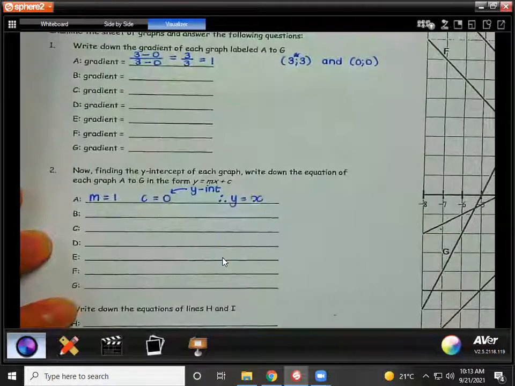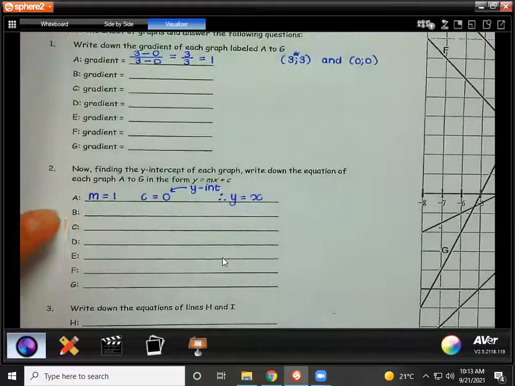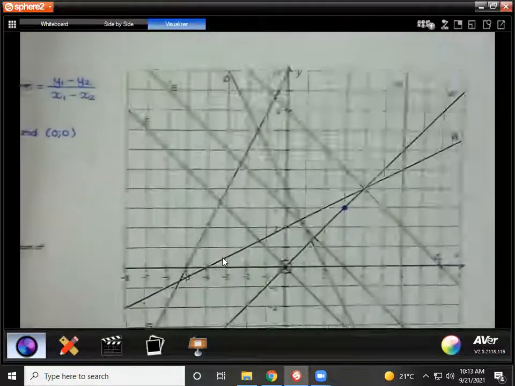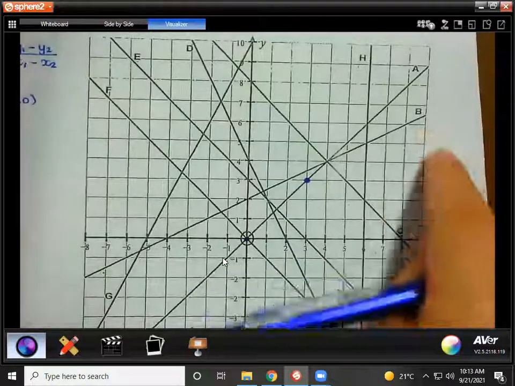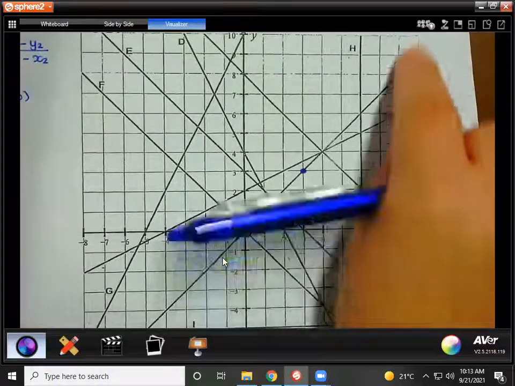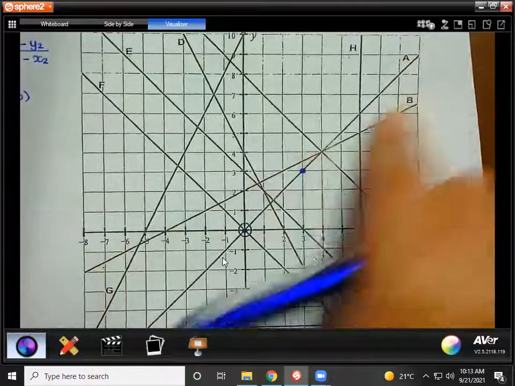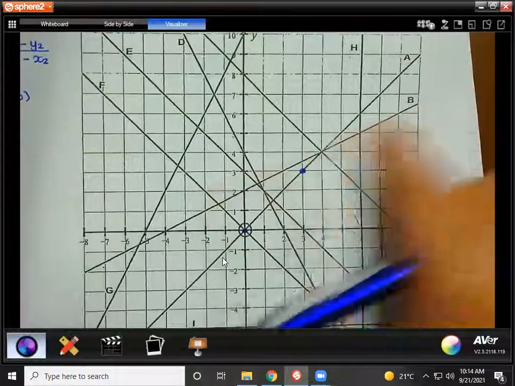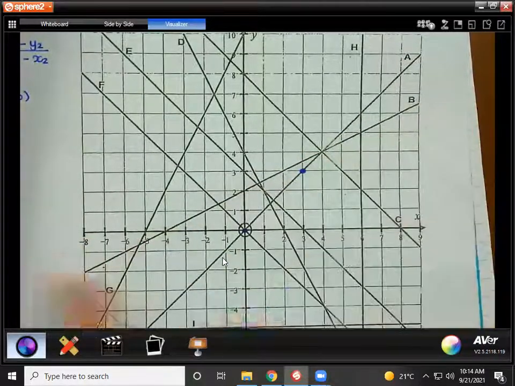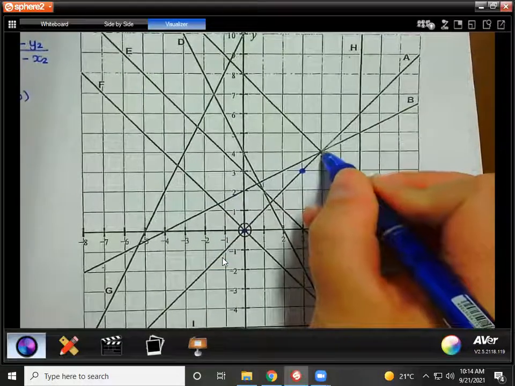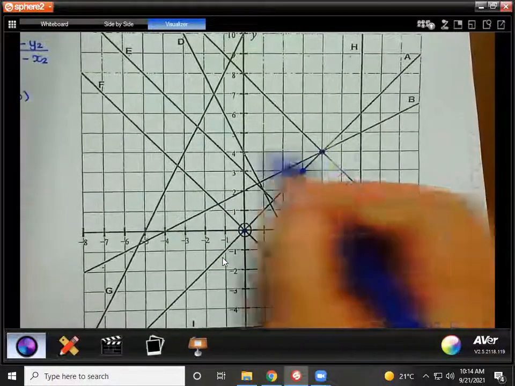Okay, let's look at B. First, we have to find the gradient, then we're going to find the equation. So line B, on your picture, you need to find B. Do you see that it's the one that starts just below A? Let's find 2 points on that line. 4, 3. Oh, it's 4, 4 actually. There, do we see that? Yeah, 4, 4.